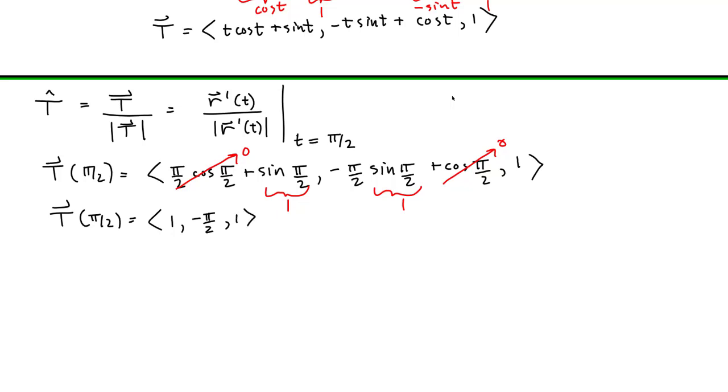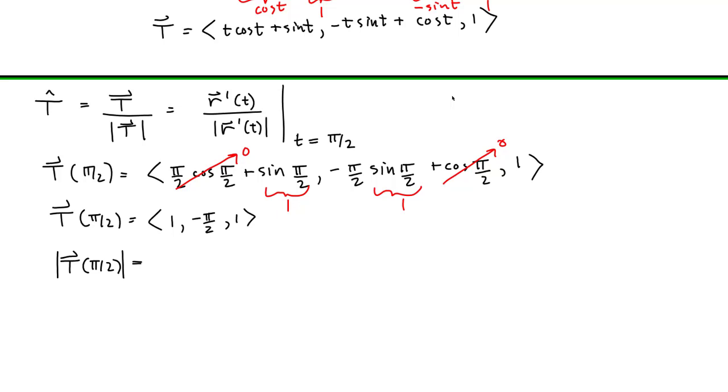Now that we know what the components of the tangent vector are evaluated at t equals pi over 2, we can now find the magnitude of the tangent vector at pi over 2. We'll need this in order to find the unit tangent vector.